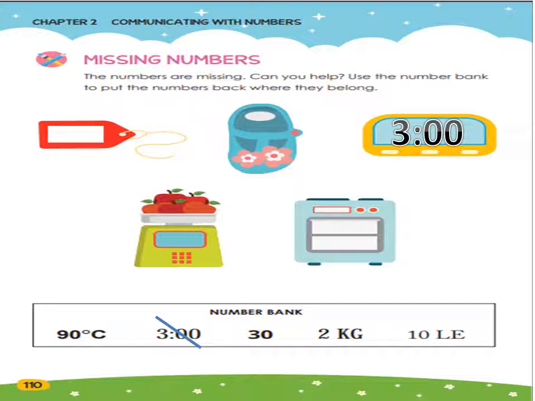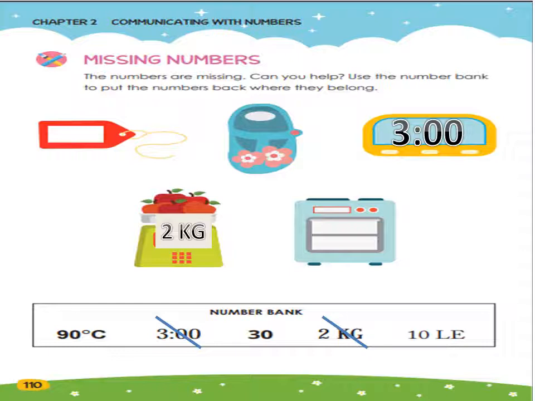I see here a scale with apples. So the scale give me the weight of anything. I see there 2 kilogram. Excellent. When you put things on the scale, it gives you the weight, which is 2 kilograms. So I will write on the scale 2 kilograms. And I will cross it from the number bank.